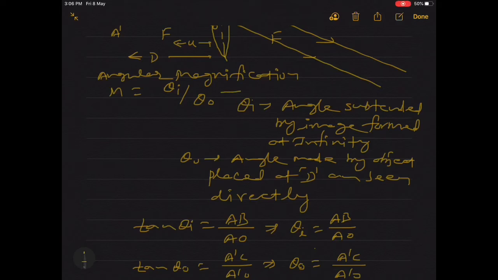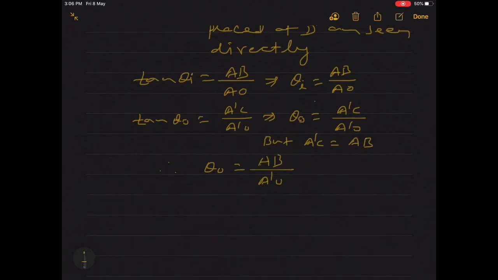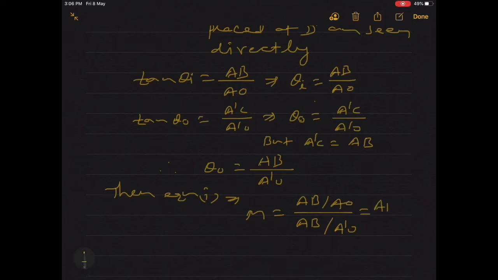Then if we use this equation number 1, we will have m is equal to AB upon AO upon AB upon A dash O. That can be written as AB upon AO into A dash O upon AB.